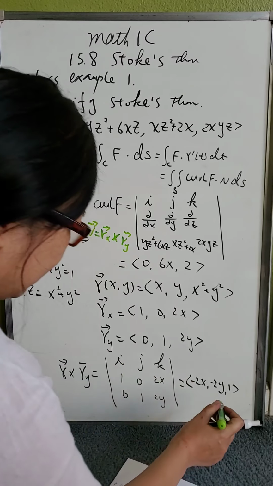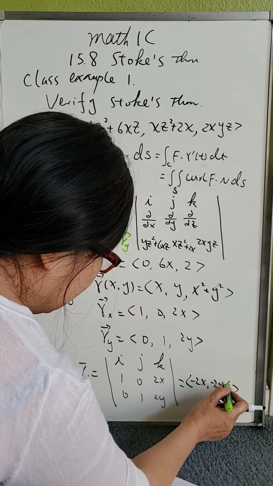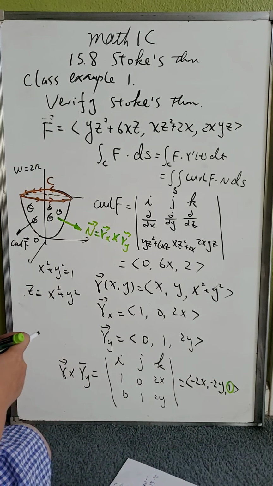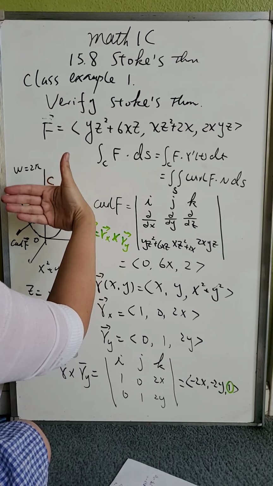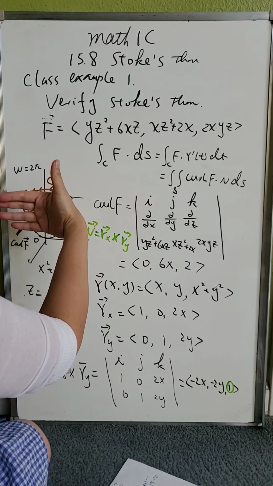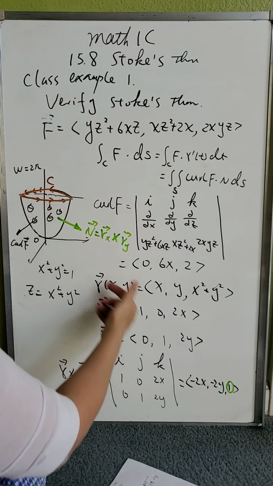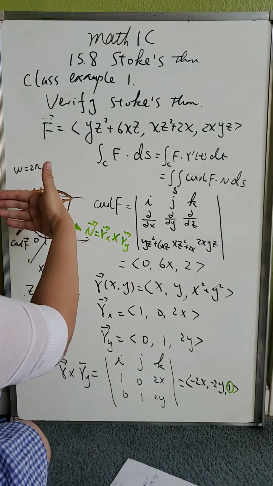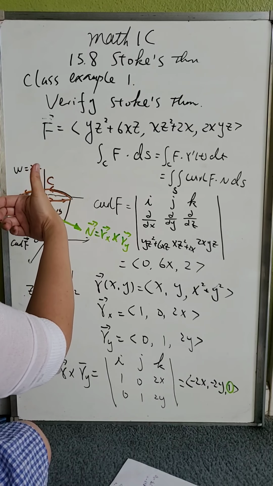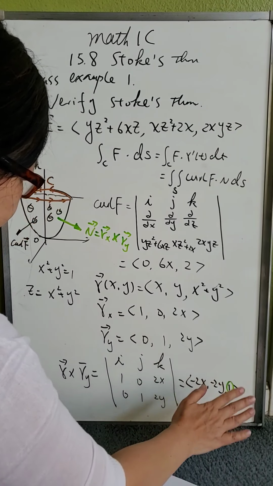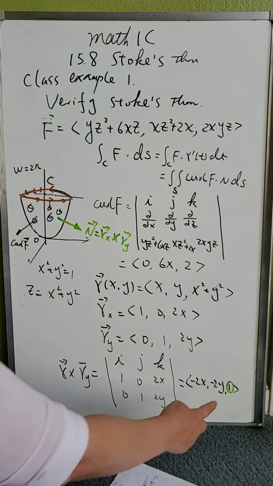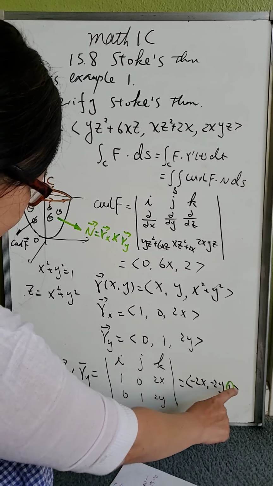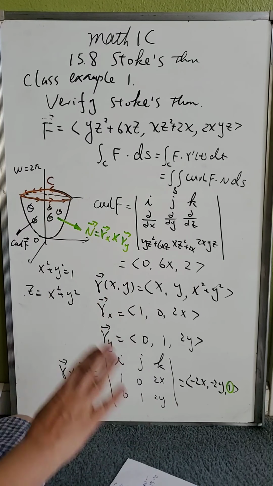Because the 1 is positive here, and as I mentioned earlier, if you use the right-hand rule, the k component should be a positive number, which is a match. So therefore your orientation is perfect. You didn't make any mistake. If it's negative here, then you need to multiply by negative in front. That means you made a mistake on the orientation.